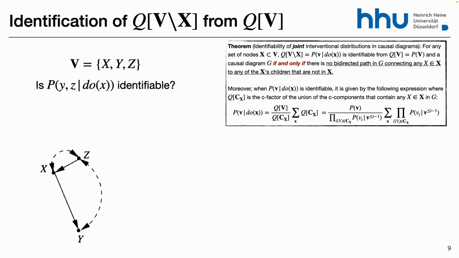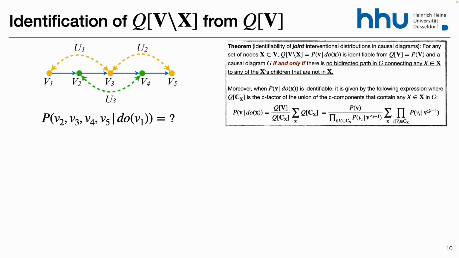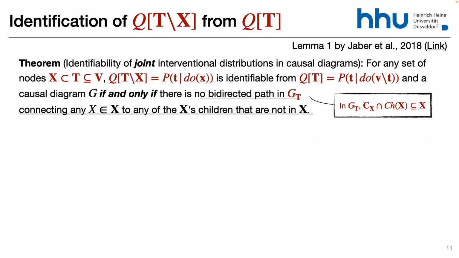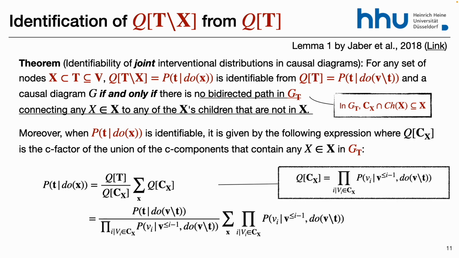Those are just some examples, but then I showed you the ID algorithm, where this is just replacing V with T. So this is general. X doesn't need to be a subset of V directly; it can be a subset of T, as long as you have QT available, which is something we are going to need in the recursive calls of the ID algorithm.